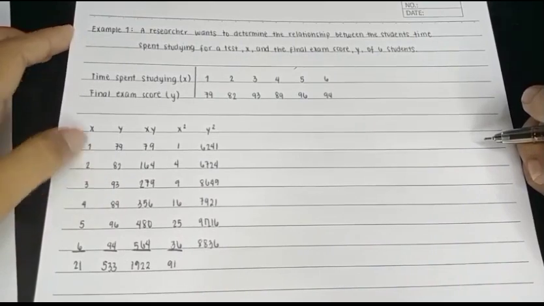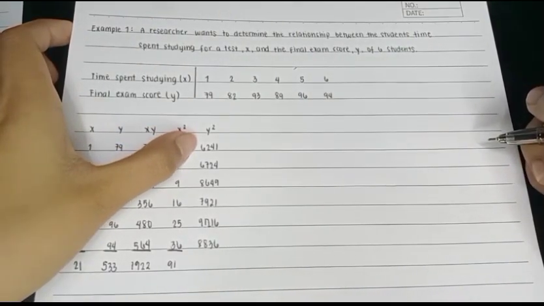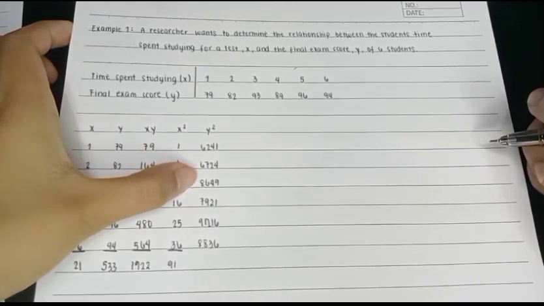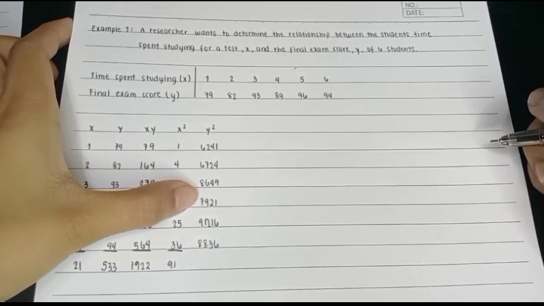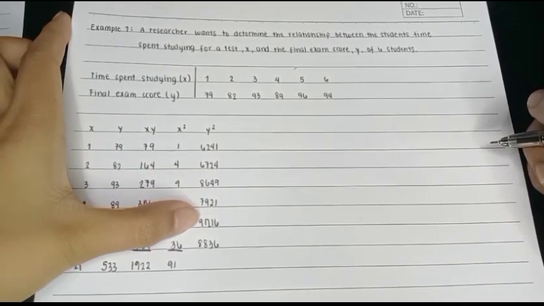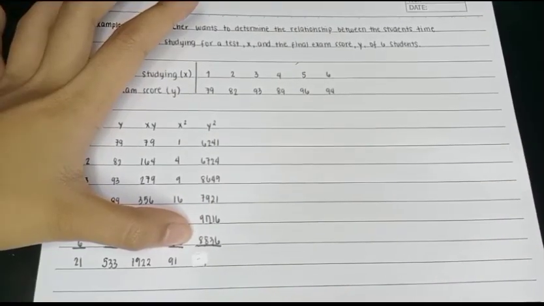Last is our y squared. 6,241 plus 6,724 plus 8,649 plus 7,921 plus 9,216 plus 8,836, and our total is 47,587.